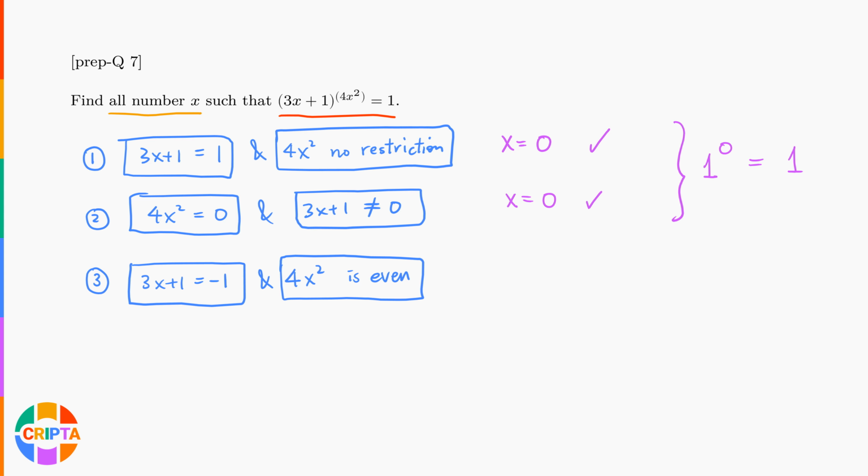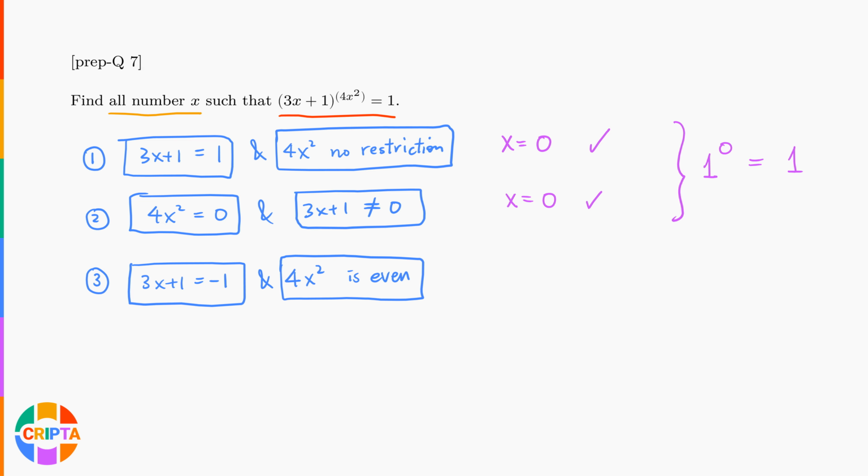Why would there be 2 cases giving us the same value of x? It's because if you plug it in, you can see that it is actually 1 to the power of 0 equals 1, which makes absolute sense. So this expression equals 1 for 2 very important reasons. It's both base equals 1 and exponent equals 0.